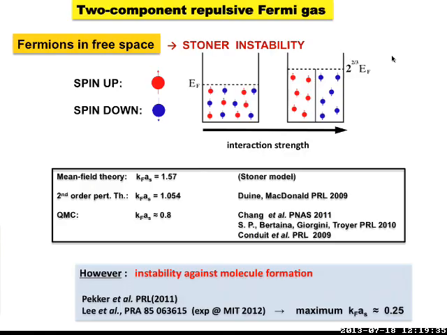In this experiment, what they see is indeed that they cannot go to sufficiently strong interaction, so they have the problem that you mentioned. And there have been, and there are, many ideas, many proposals on how to force the system to be stable for longer times. And probably the most interesting is to use narrow Feshbach resonances. Okay.